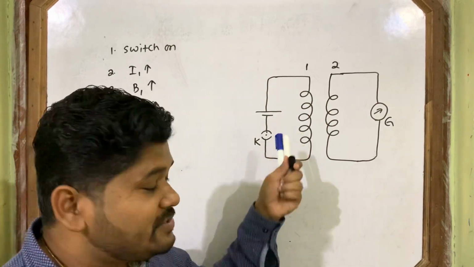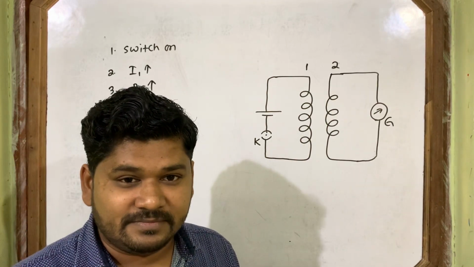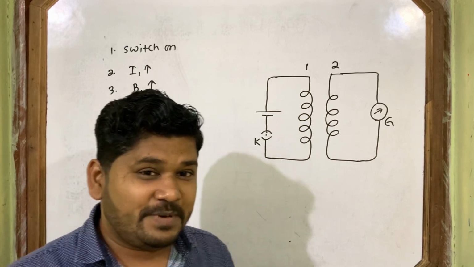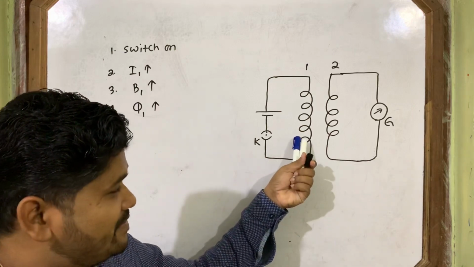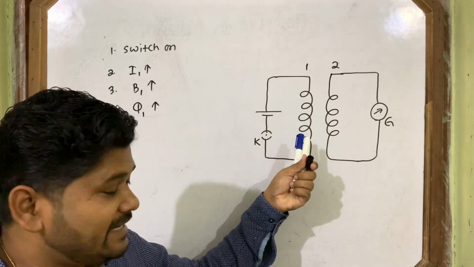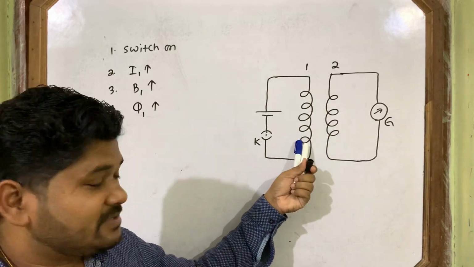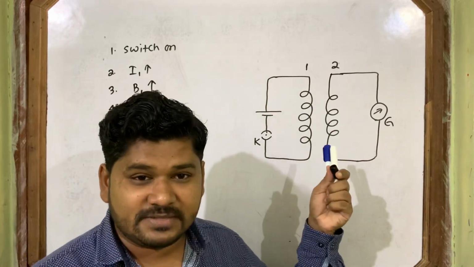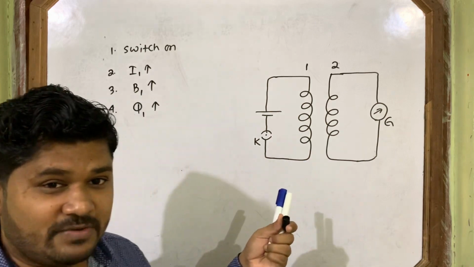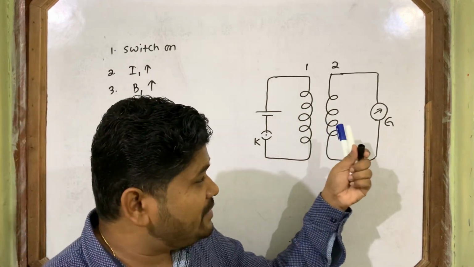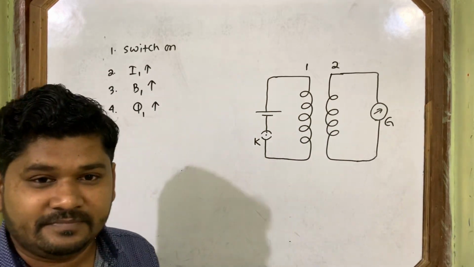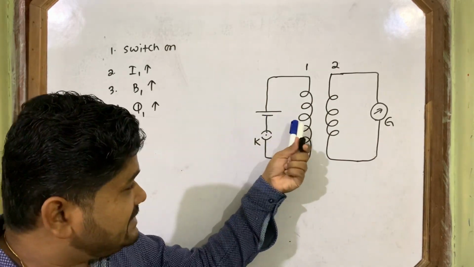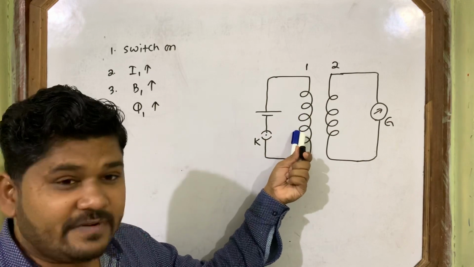Then EMF is induced here, but we have already discussed that in the previous lecture: how EMF is induced due to the change in magnetic flux linked with the coil itself, due to change in its own magnetic flux. But today we will not discuss that one. We will discuss what will happen to the other coil. When EMF is induced in this coil due to the change in its current, that is self-induction.